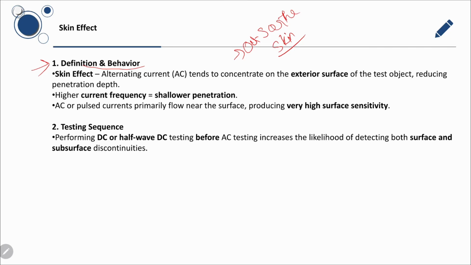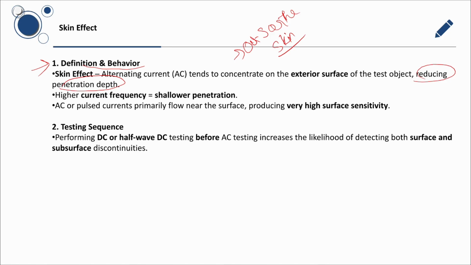The faster the alternating current changes, that means higher frequency, the more tightly the current is pushed toward the surface. This reduces the penetration into the inside of the material. Why is it very important for magnetic particle testing?